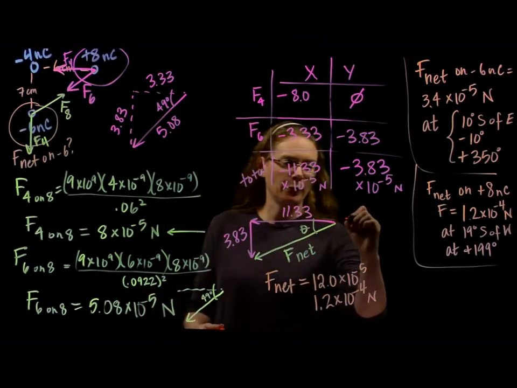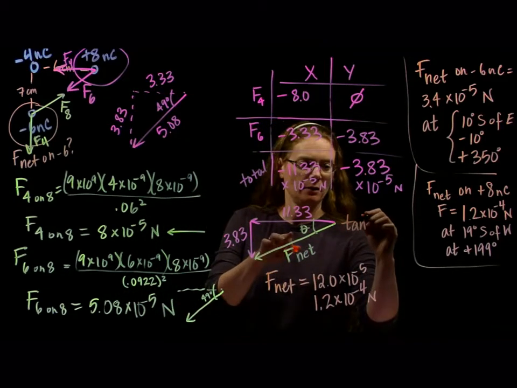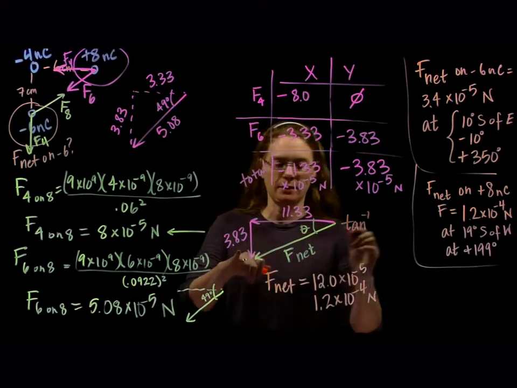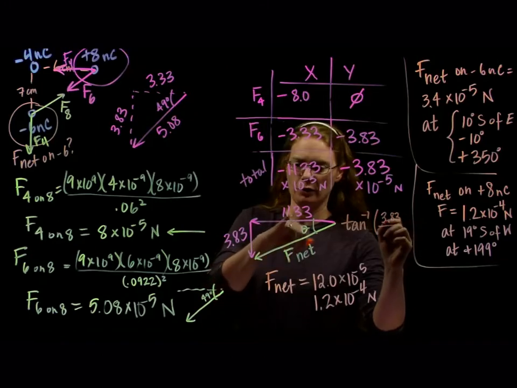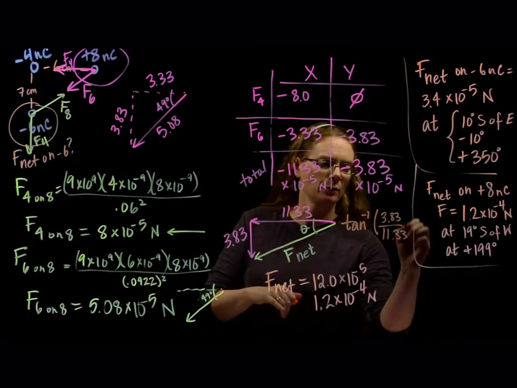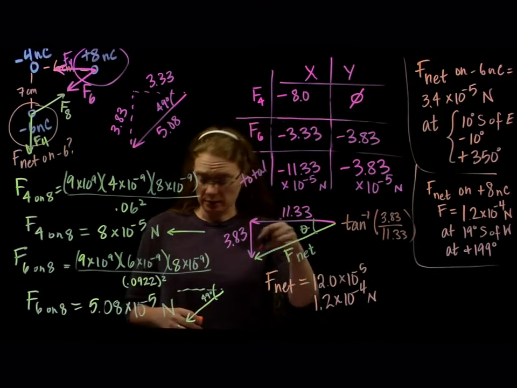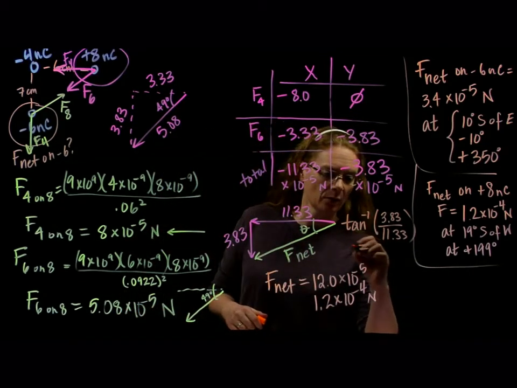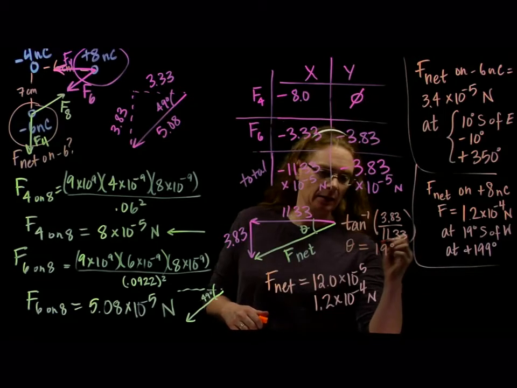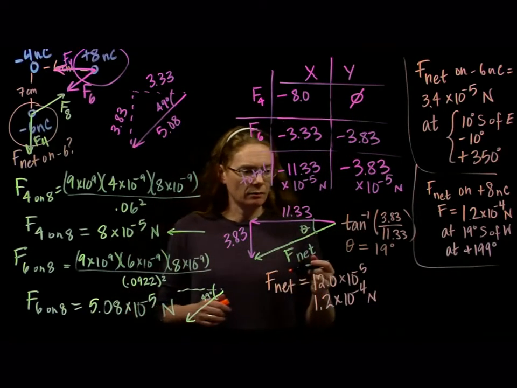My direction, going to do the inverse tangent of opposite over adjacent. Opposite, 3.83 over adjacent, 11.33. And just looking at it, I'd expect a reasonably small number. What do we get? 19 degrees? Yep. So my angle, 19 degrees. All right.